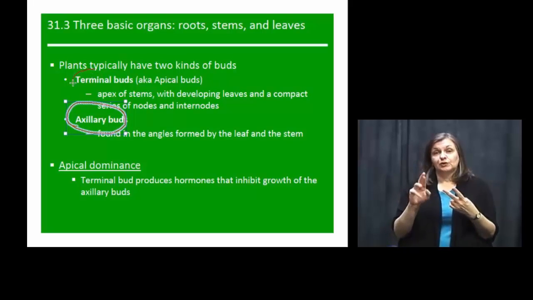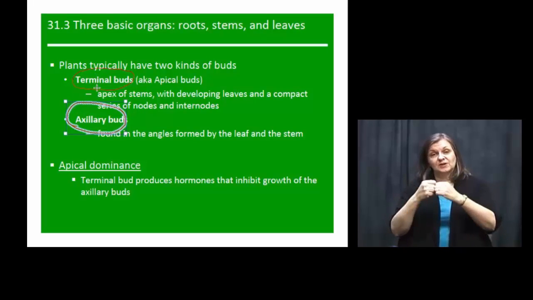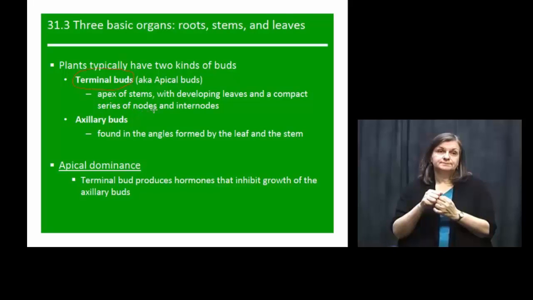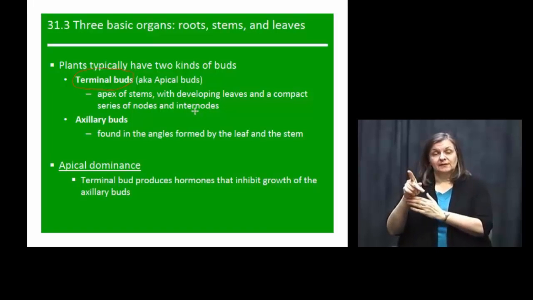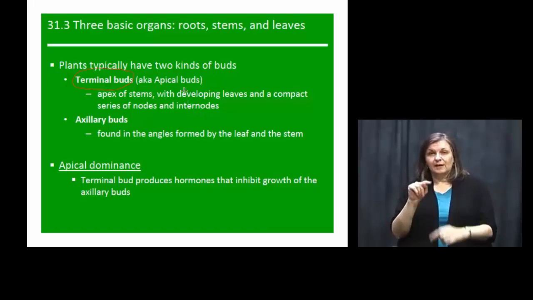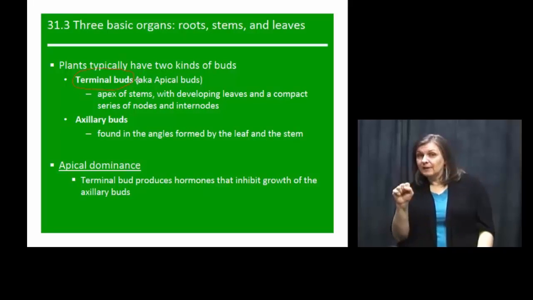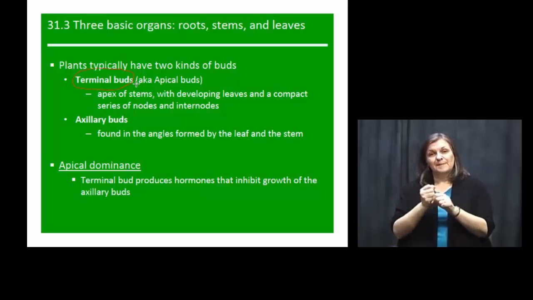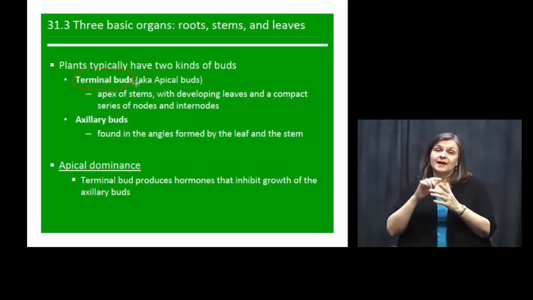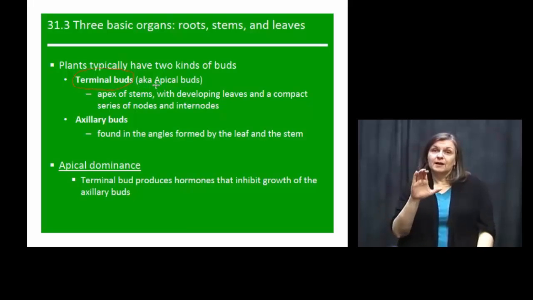The terminal buds, on the other hand, are the structures that will actually be associated with our developing leaves at the tops of our plant. And so we think about terminal buds as actually being the buds responsible for helping to make the plant taller. These are also known as apical buds.